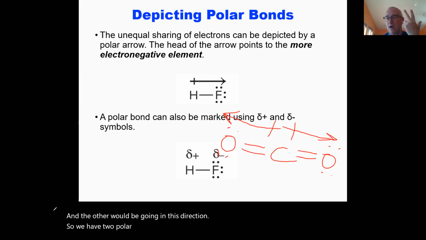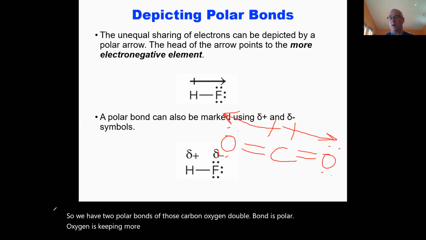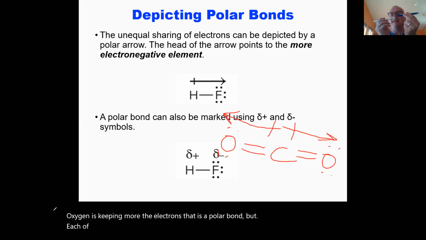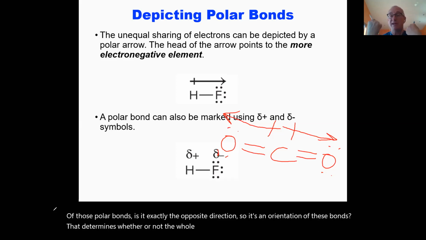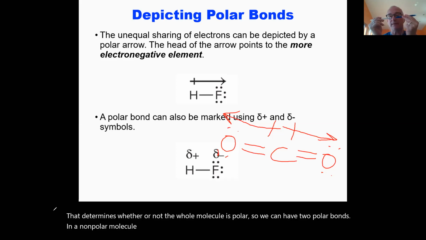Each of those carbon-oxygen double bonds is polar. Oxygen is keeping more of the electrons. But each of those polar bonds is in exactly the opposite direction. So it's the orientation of these bonds that determines whether or not the whole molecule is polar. We can have 2 polar bonds in a nonpolar molecule because they're equal and opposite.